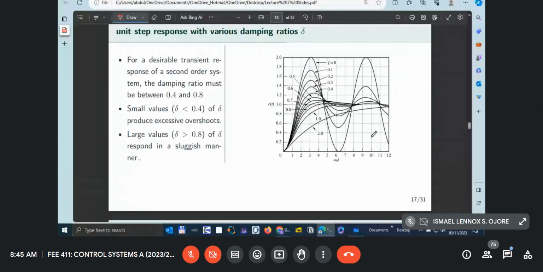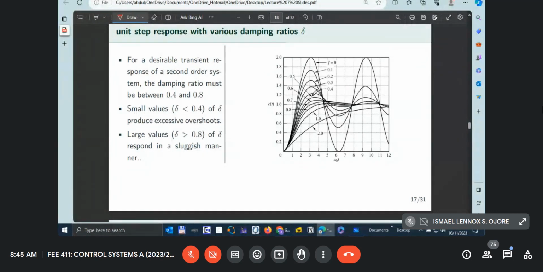So if we summarize the unit step response with various damping ratios, from 0 to greater than 1, we can see that between 0.4 and 0.8 is where we need our system to be, depending on what we have seen in the different cases.